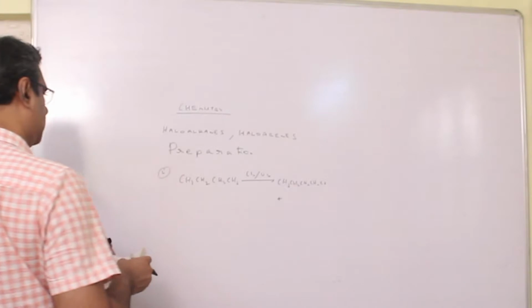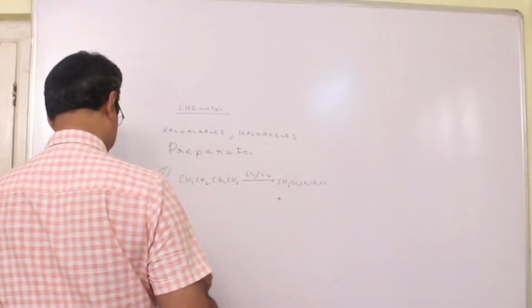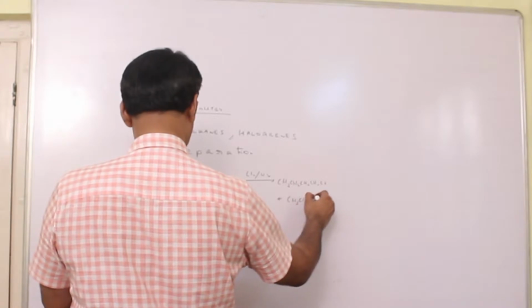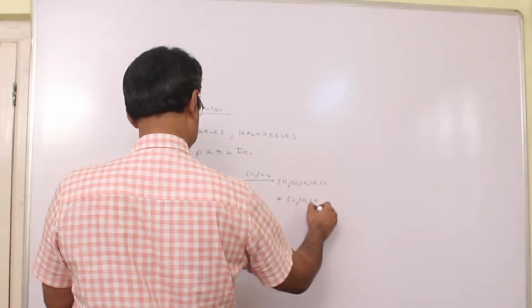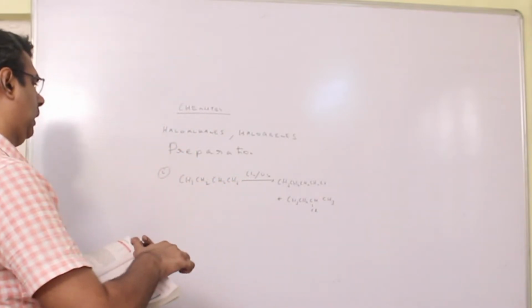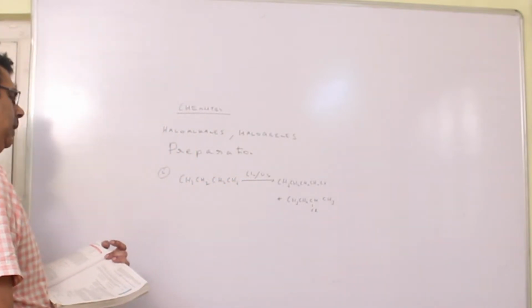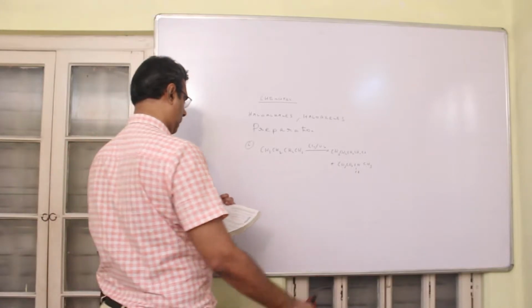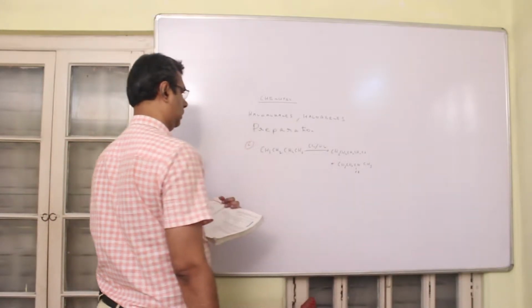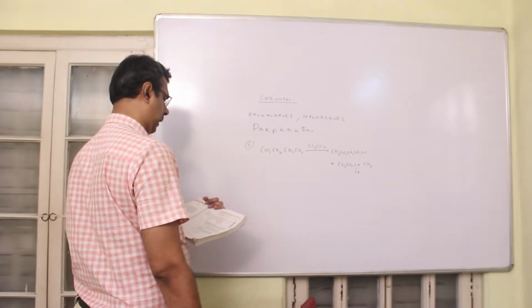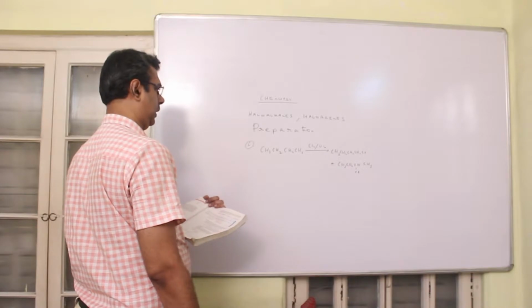The second method is halogenation, free radical halogenation. Free radical halogenation has got a drawback that you will get isomeric mono and polyhaloalkanes, and they are all difficult to separate.